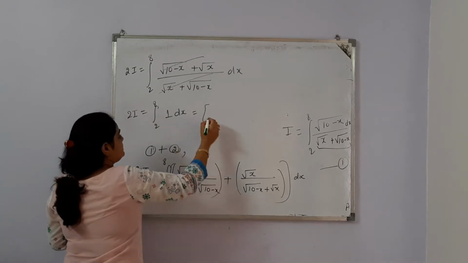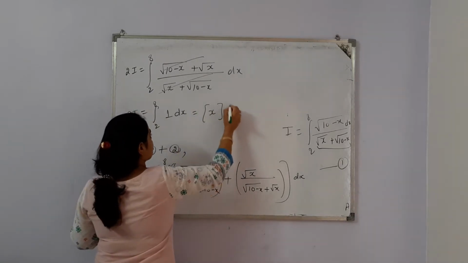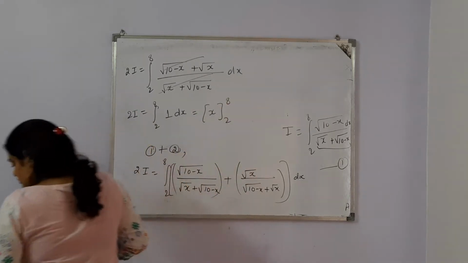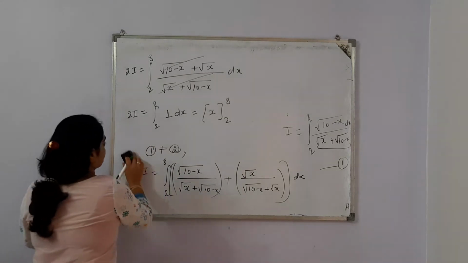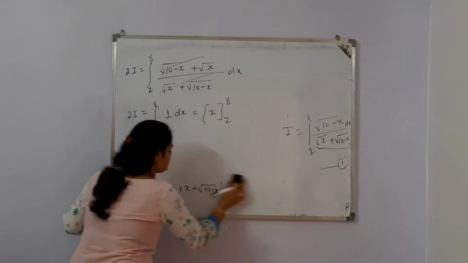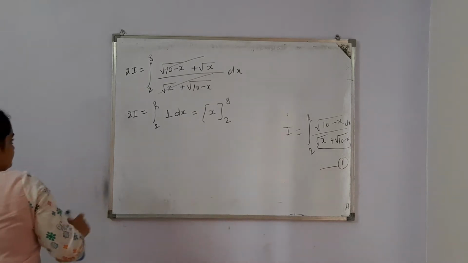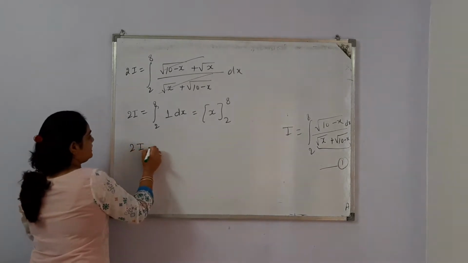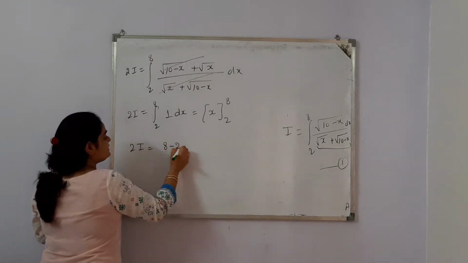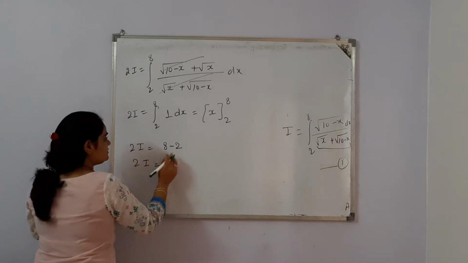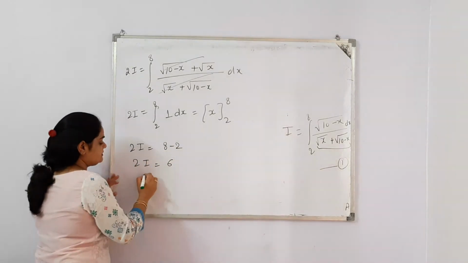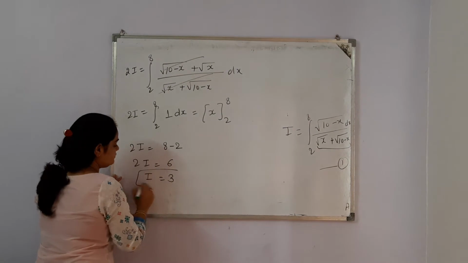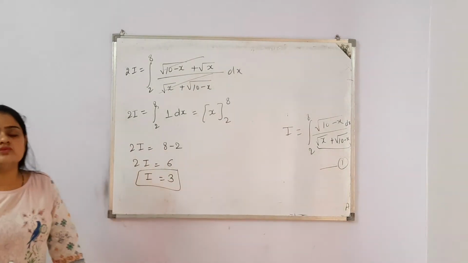One's integration is x and the limits are 2 to 8. 2i is equal to 8 minus 2, which is upper limit minus lower limit, 6, and I is equal to 3. The integration's answer is 3.